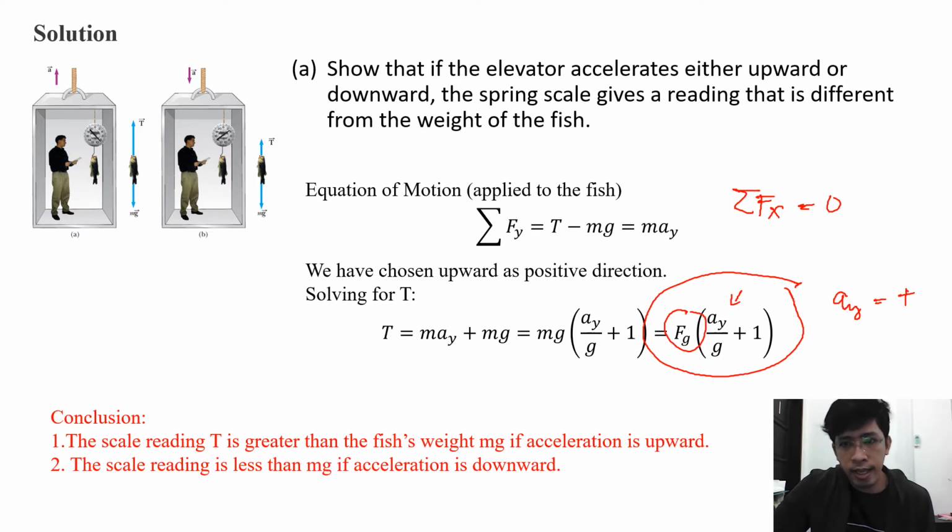So you have this term here as negative plus 1, and then you multiply that to the normal weight of the fish, which is Fg. So that is a little lesser than the normal weight of the fish.